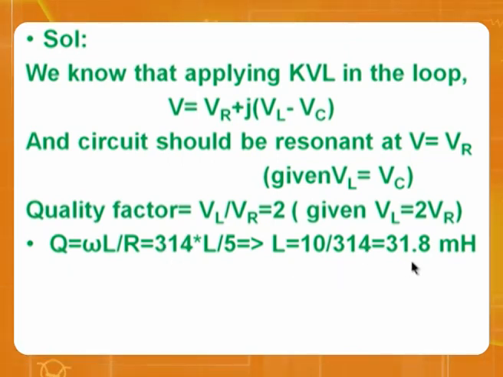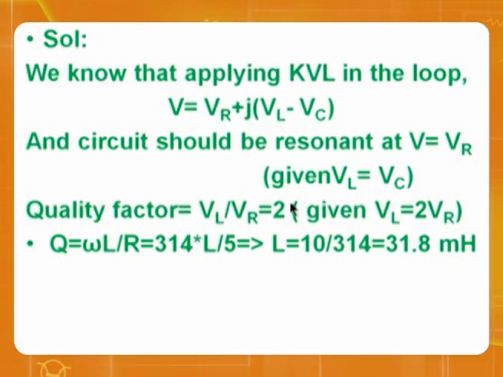The option is here. So we are calculating quality factor from this, because he said it is double. VL by VR is equal to 2, that is equal to the quality factor. Omega L you calculate by 5. Calculate this. Inductance will come.